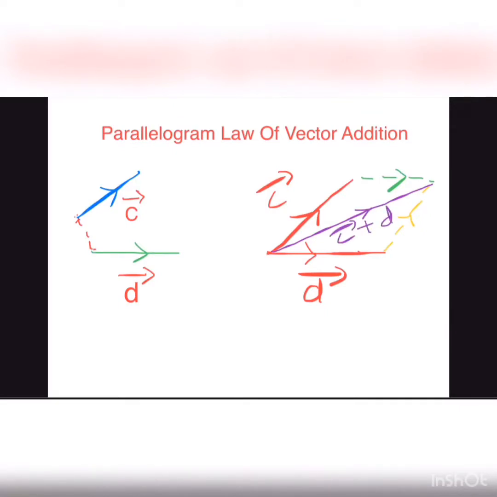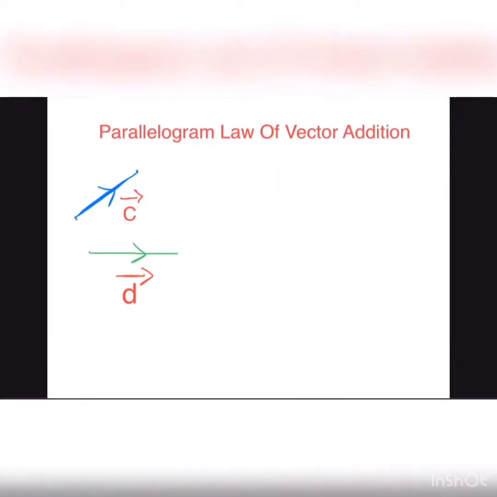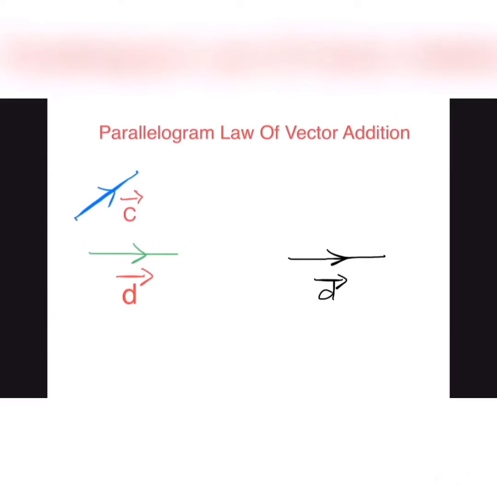Now, from the previous class we have learned that through the triangle law of vector addition we can find the vector sum of two vectors if provided. If we are supposed to find the vector sum of vector C and vector D through the triangle law of vector addition, then we make sure that the initial point of one vector coincides with the terminal point of the other vector.